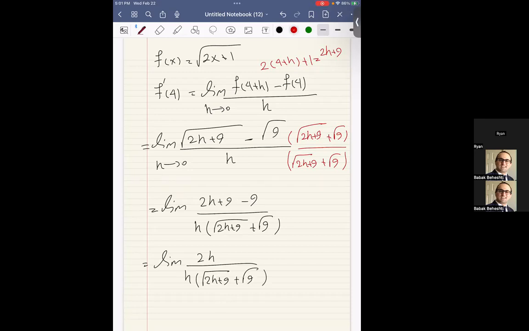Now, first of all, you can cross out h with h. And then when h goes to 0, on the top you have 2. At the bottom, because h goes to 0, 2h is just 0, so you have root 9. Root 9 is just 3.